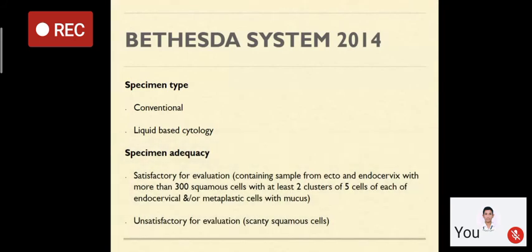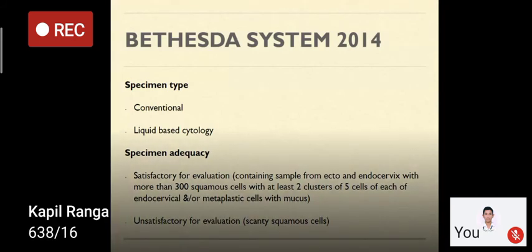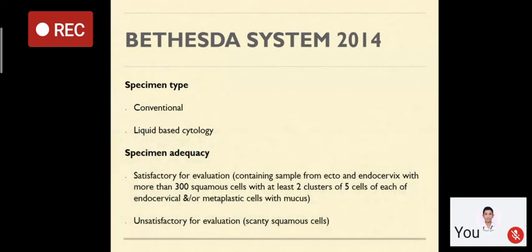If the cells are less, how will the pathologist interpret the result? It is satisfactory if abundant cells are present. If they are less in number, then it is unsatisfactory. This unsatisfactory report is decreased by using liquid based cytology instead of pap smear. So this is the advantage of LBC.